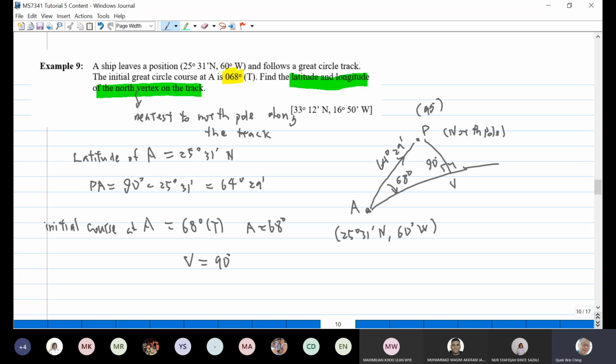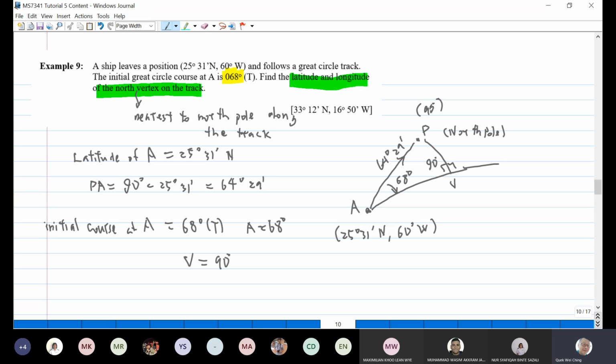So immediately you have to remember that this is a right-angled spherical triangle. Therefore, you can apply Napier's rule.